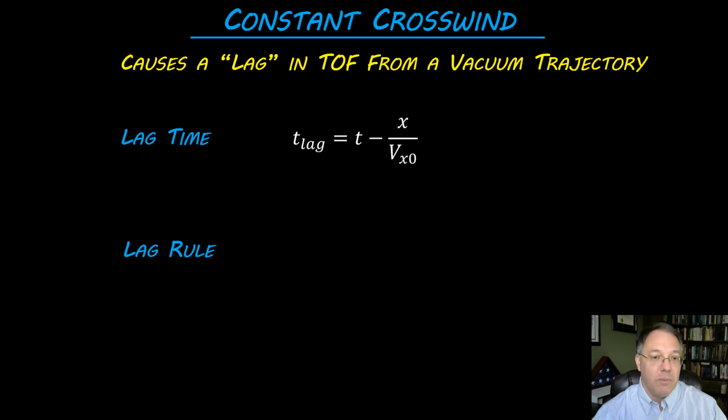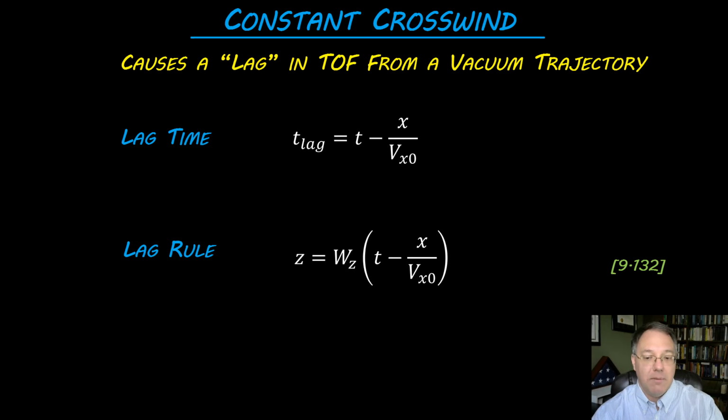An important concept here is what we call the lag rule, which tells us that z equals the wind in the z direction multiplied by that lag time. That's equation 9.132. And what we've got here is z is how much wind deflection we're going to get. How much is the crosswind going to make our projectile go off target to the side?